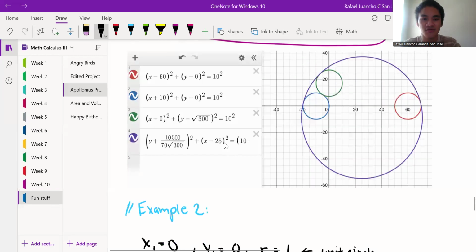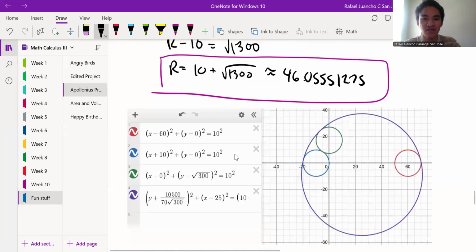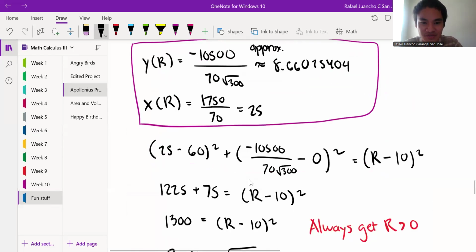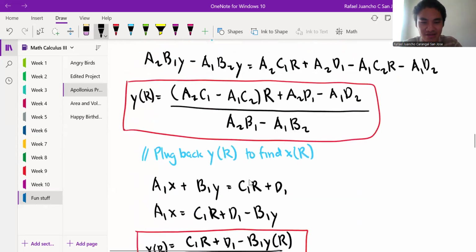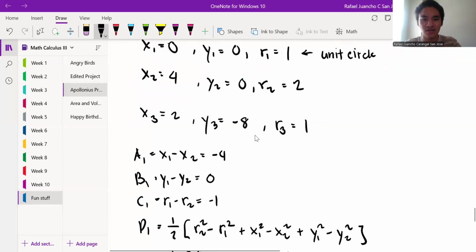Now I solve for y of r and x of r, right? So I solve for y of r, and I don't remember my formulas. That's why I put them in red, because I can't remember these. Okay, let me do that.